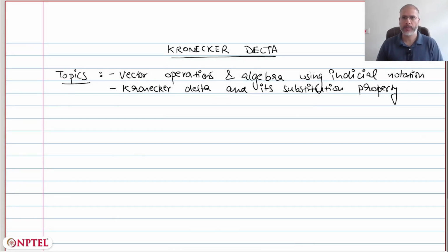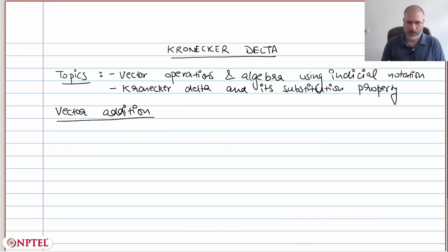So let us start with the first vector operation, that is vector addition. We'll write this in the symbolic notation because we are used to that till now. So the vector W is the sum of the vectors V and U in the symbolic notation.